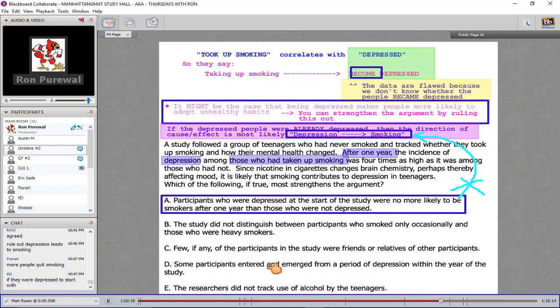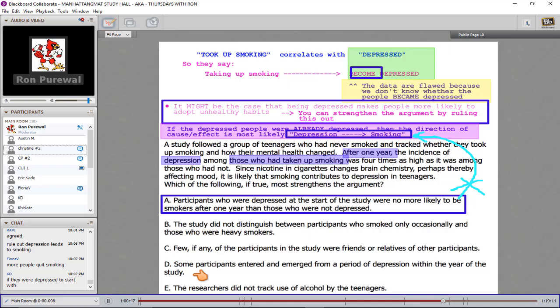The only other answer choice that you guys picked was D. The problem with D is that they didn't track this. The study just tracked whether the people were depressed at the end of the study and whether they had taken up smoking too. So this is not even a thing here.